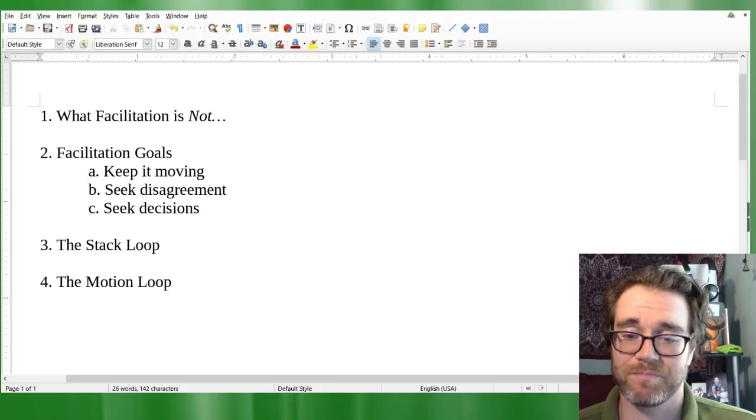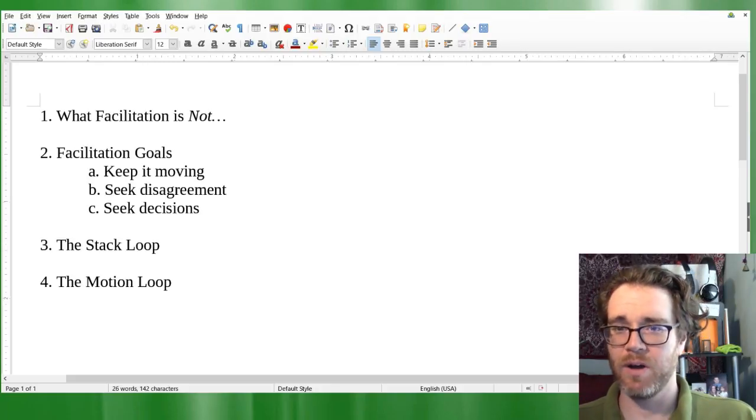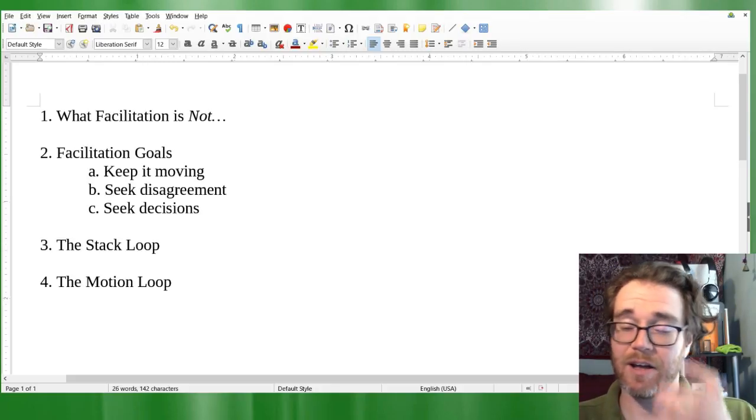And so that's just a brief overview on the pattern for how motions work within a meeting context.